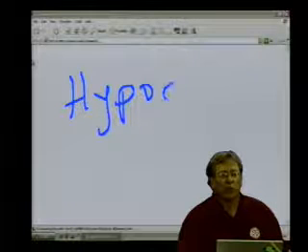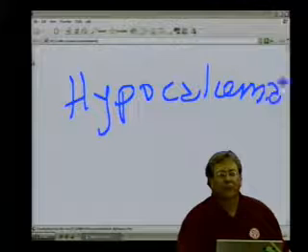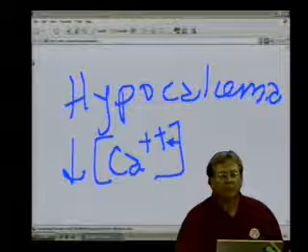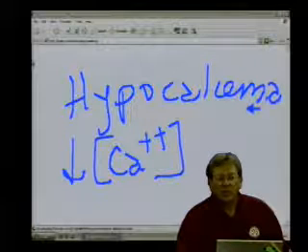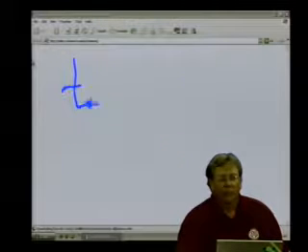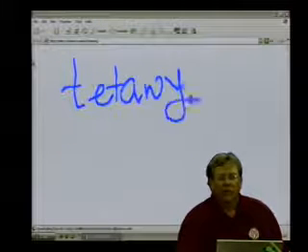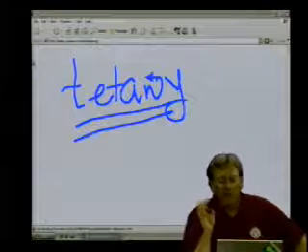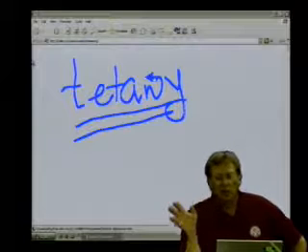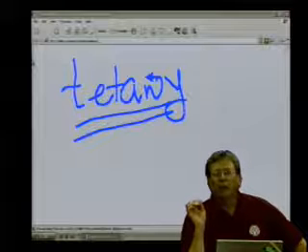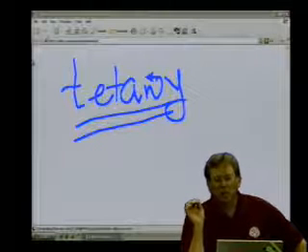Hypocalcemia just means reduced calcium in the blood. The hypocalcemia can produce this tetany, but it's very specific. Your book makes a reference to a spastic tetany in humans that you don't need to know about. You just have an idea that low levels of calcium will produce uncoordinated contractions.